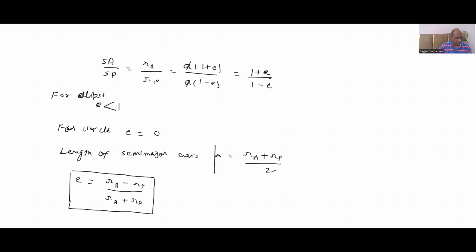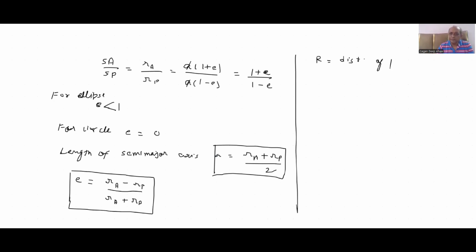Okay. Suppose there is a planet, and let capital R represent the distance of the planet from the sun. And suppose that the planet is revolving with angular velocity omega.